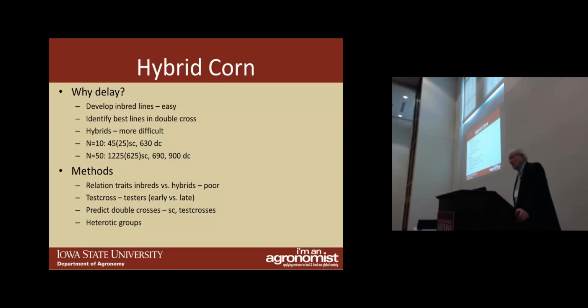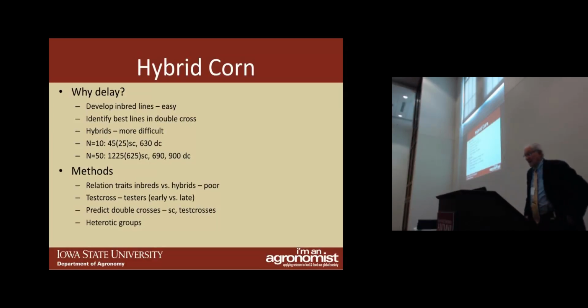And so the concepts of test crossing, getting data from test cross, single cross data, predicting double crosses, and then testing double crosses. So there's a lot of lag time in there, time you make all those crosses and evaluate them. And experimental techniques came in, in 1927 when Fisher said you needed replication, randomization, repetition, and so forth.